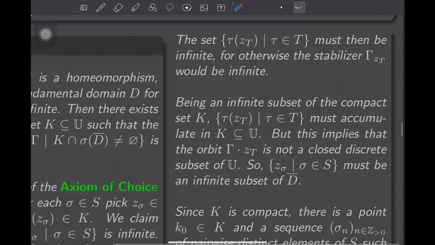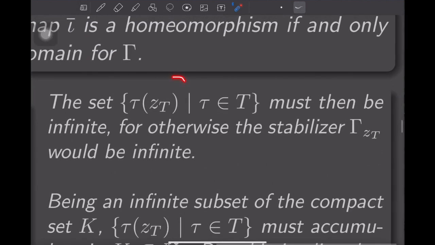Now I consider this other set. I know that T is infinite, so this one would have to be infinite, because otherwise, if it were finite, these are already points in the hyperbolic plane. Let me draw it.